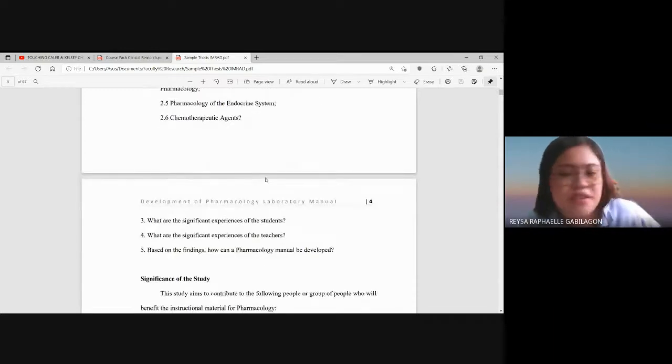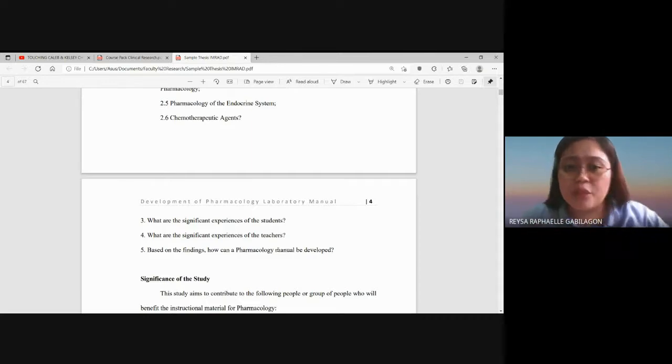And since this one is a mixed method, I also have questions like, what are the significant experiences ng mga students and mga teachers? And lastly, ang kailangan ko talagang sagutin, based from the data na nag-gather ko from 1 to 4, paano ako makaka-develop ng pharmacology manual.